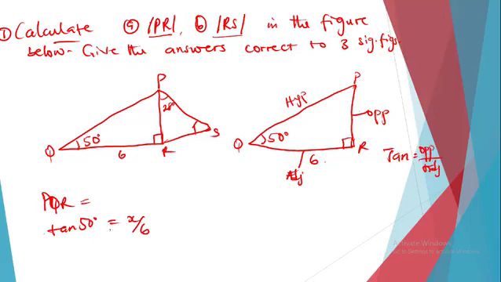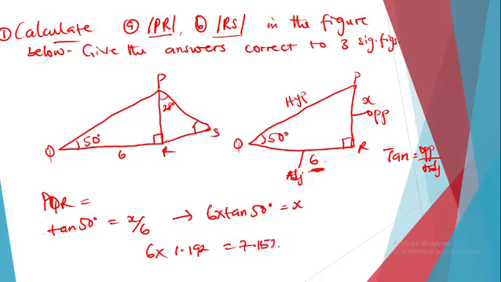So therefore we now have tan 50 equal to x. X is our opposite, which is what we are solving for, over 6. So you will agree with me that 6 times tan 50 degrees is equal to x. That is making x the subject of the formula, and we have 6 times the value of tan 50, which is 1.192. 6 times 1.192 will give us 7.152.